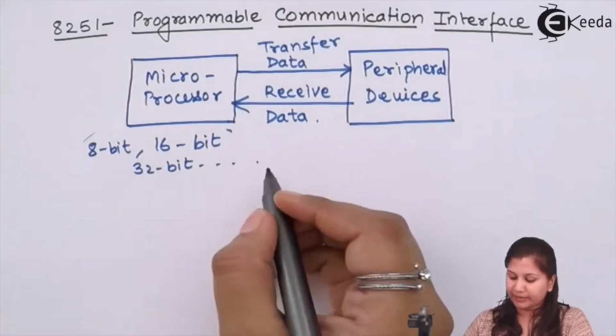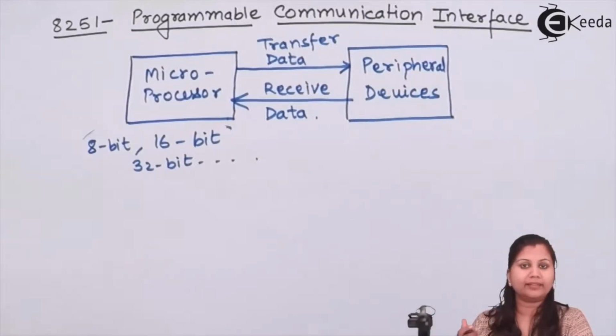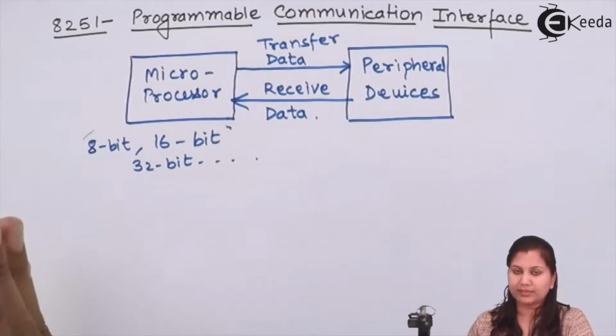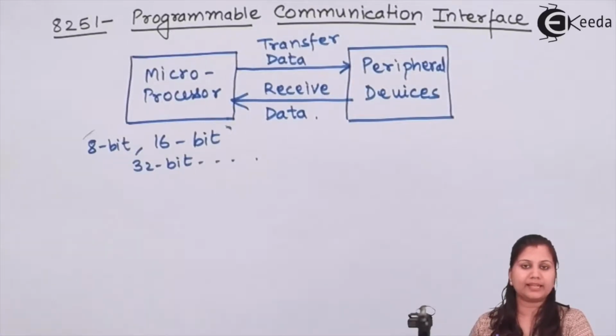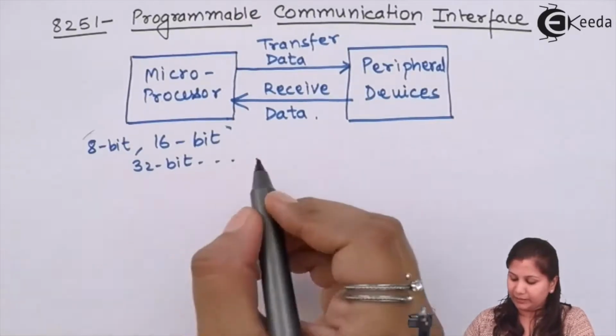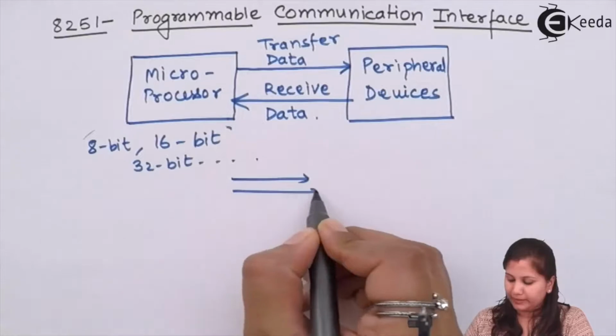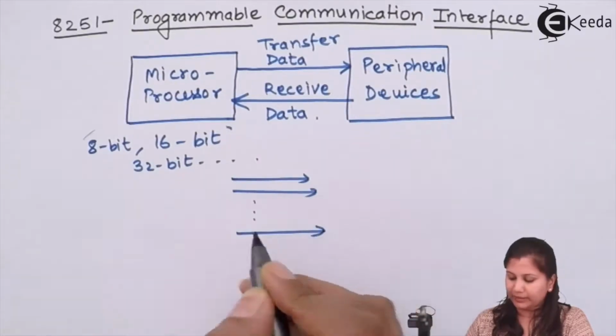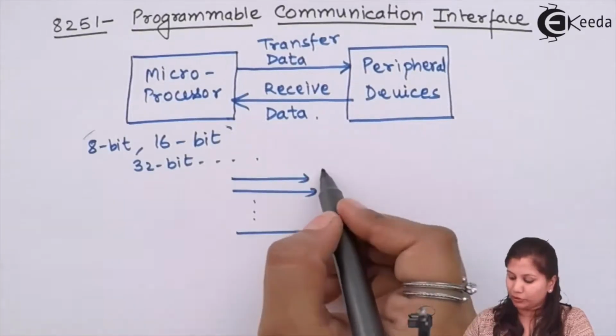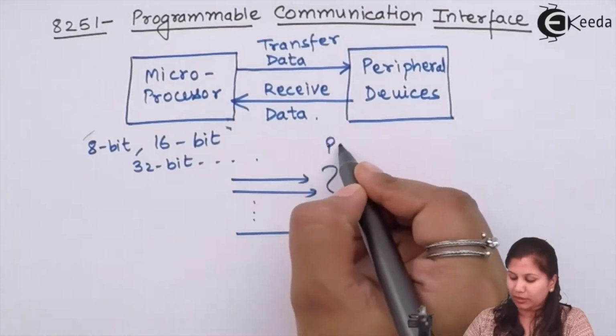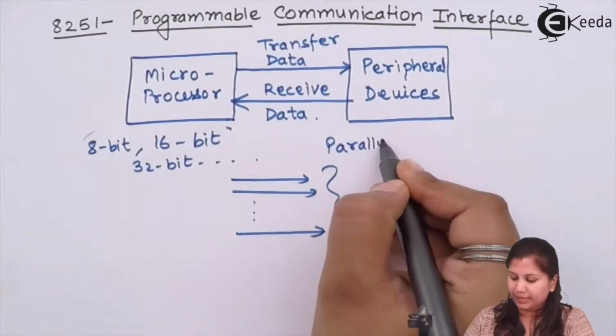So these 8 bits can be transferred either in parallel transmission or through serial transmission. Parallel transmission means that all the 8 bits are transferred at the same time. Here we have 8 bits, so all the 8 bits will be transmitted at the same time. This type of transmission is called parallel transmission.